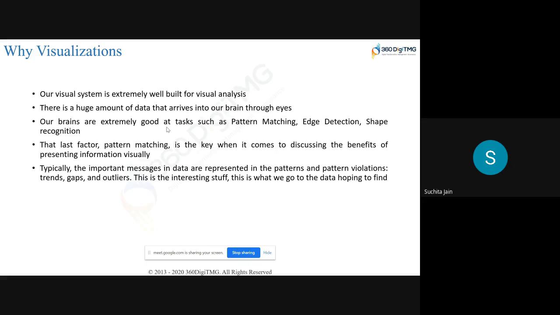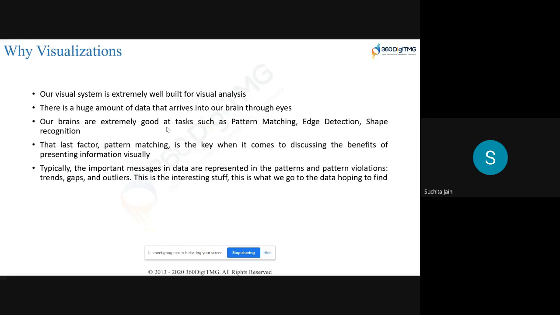Second, a huge amount of data arrives into our brain through the eyes. So it is always said that visual learning and visual understanding are very important. We see through our eyes and then our brain processes it in much faster ways. Similarly, our brains are extremely good at the tasks of pattern matching, edge detection, and shape recognition.